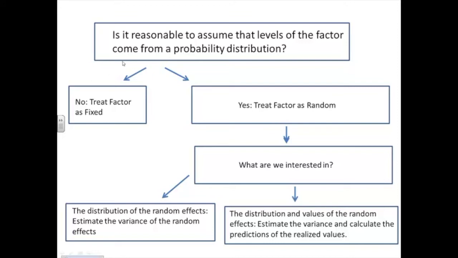However, if I really want to know whether two of my treatments are different from each other and it's only those treatments I care about, I'm probably going to be on a fixed effect track. Okay? So some general guidelines for helping us to make some decisions. So if we're going down the random effect track, we're interested in the distribution of those random effects. In other words, estimating variance. Okay? If we want to calculate the predictions of the realized values, these would be BLUPs. Okay? Then we're on the random track.